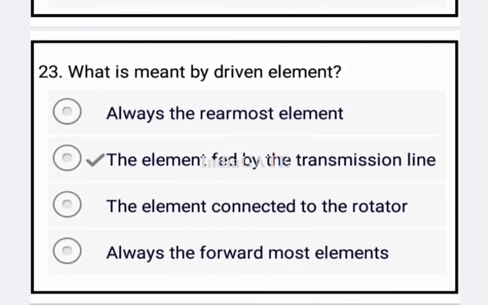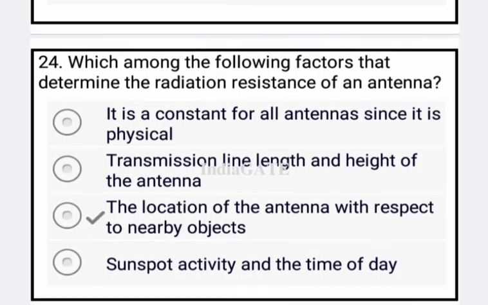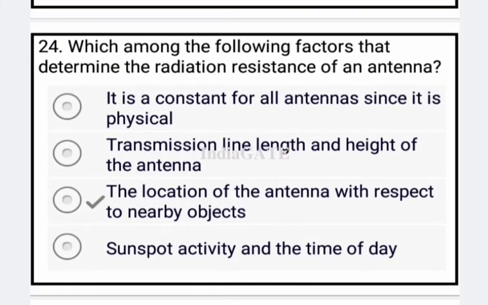What is meant by the driven element? So the correct answer for this question is option B, the element fed by the transmission line. Next question. Which among the following factors determine the radiation resistance of an antenna? So the correct answer for this question is the location of the antenna with respect to nearby objects. So option C is your correct answer.